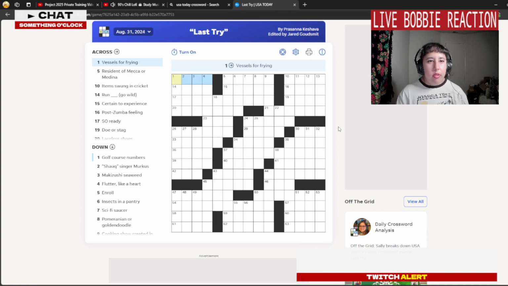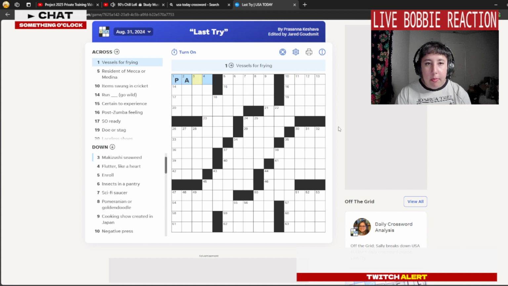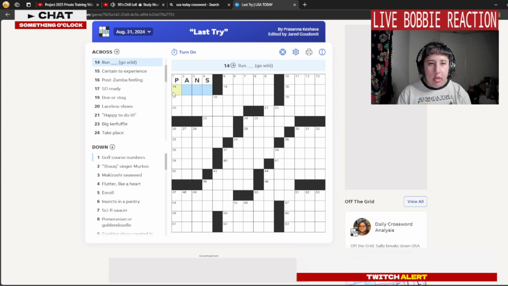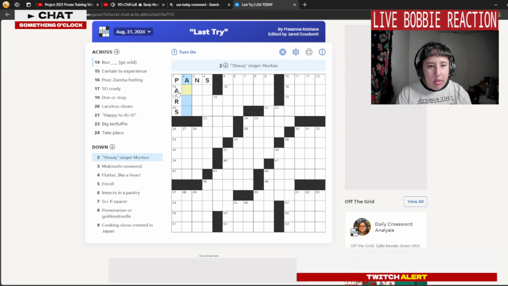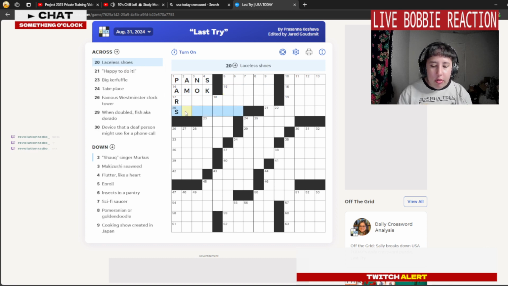Okay, cool. Vessels for frying. No. Pot. Pans. Okay. Golf course numbers. Pars. I don't know what that is. Laceless shoes.